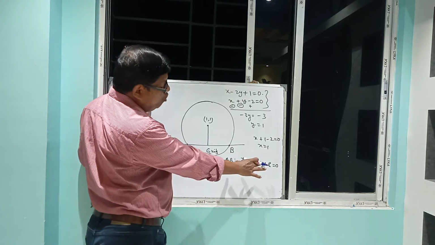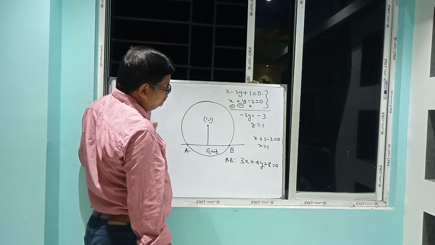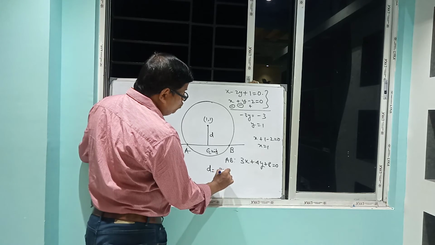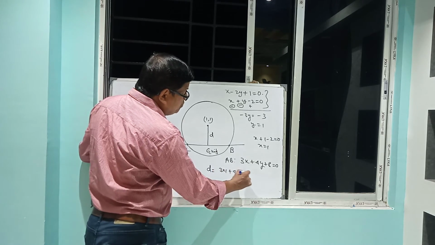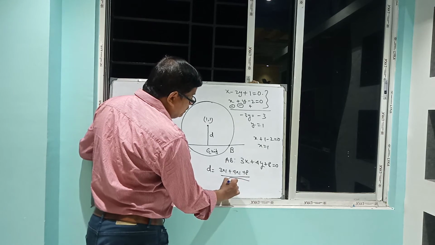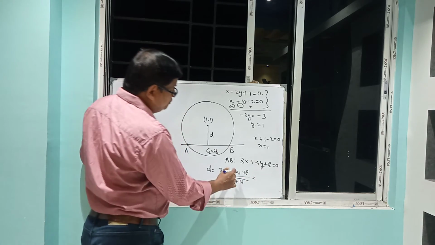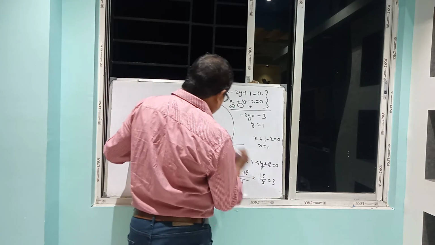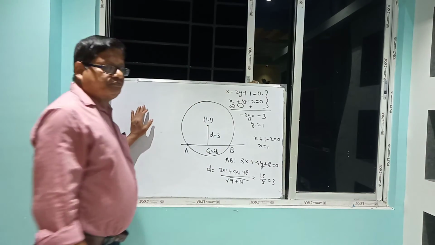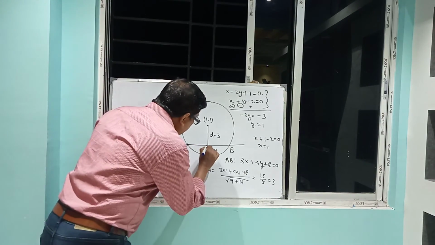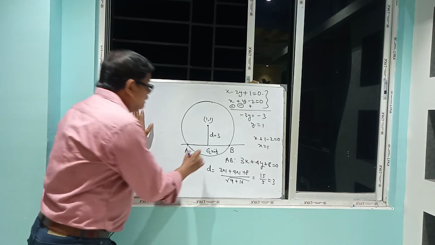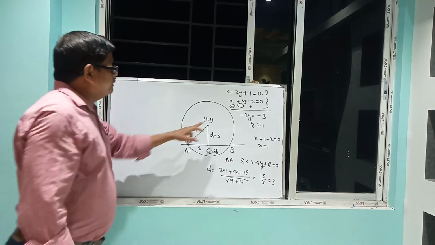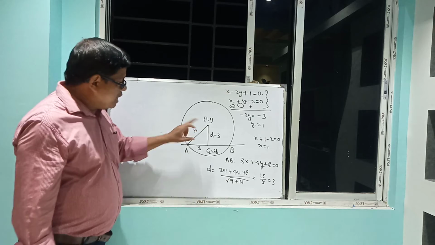So d equal to 3 into 1 plus 4 into 1 plus 8, by root under 9 plus 16. That is 15 by 5, so this is 3 units. And total is 6, then this also is 3 units. Now you join, you will get the radius r.